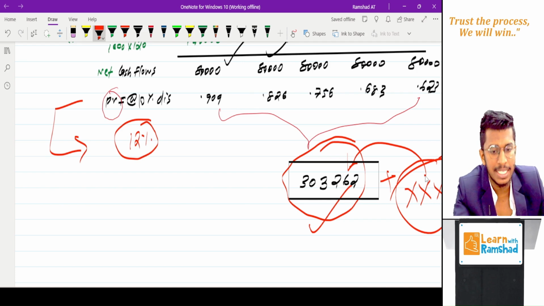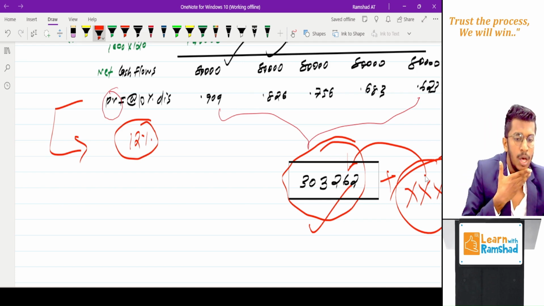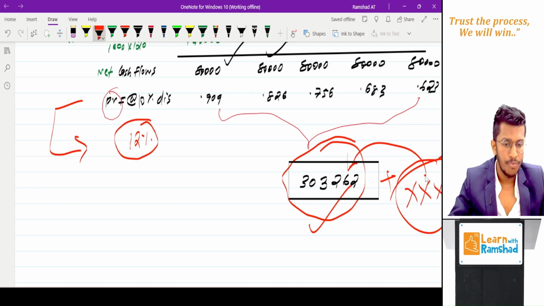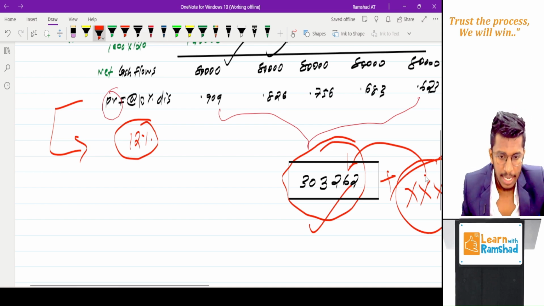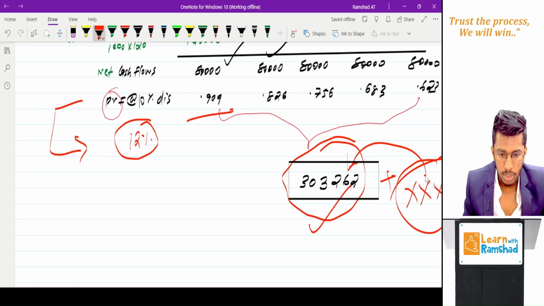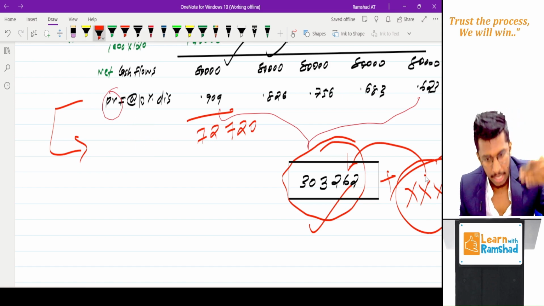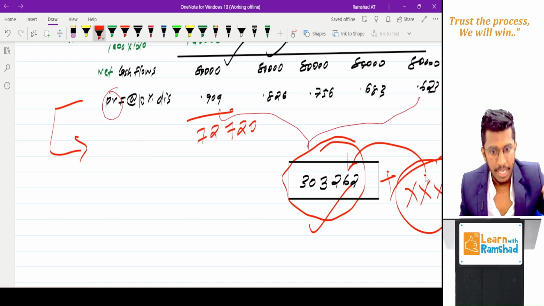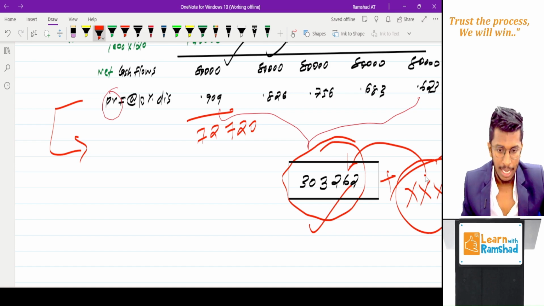For the sake of easiness, this 80,000 is multiplied with the 10% present value factor, 0.909, into 80,000. You will get 72,720.